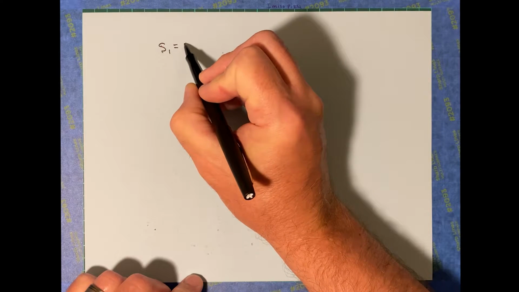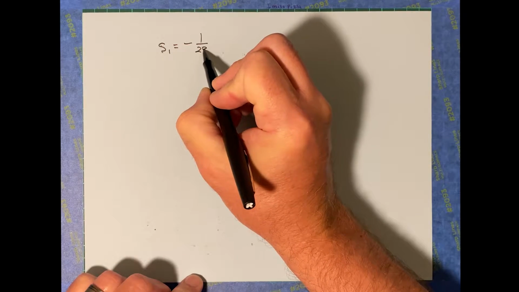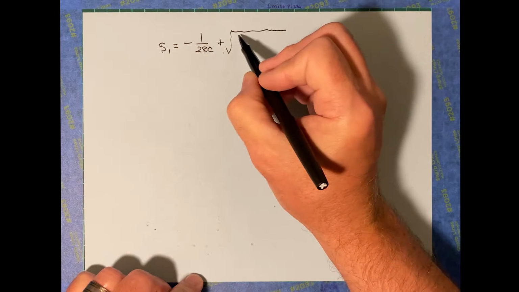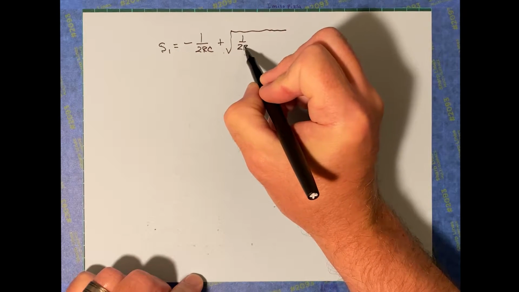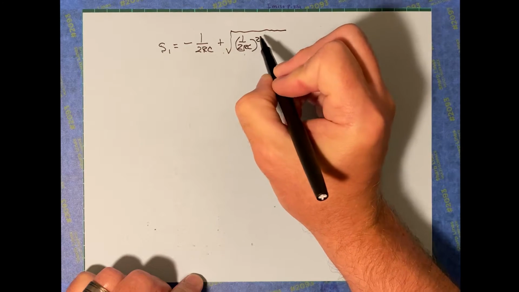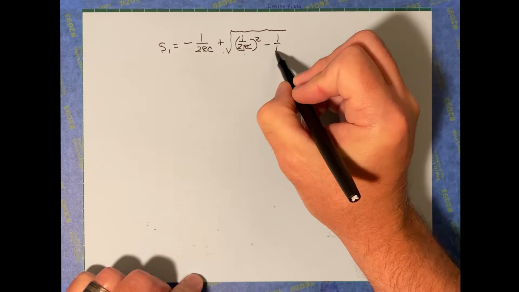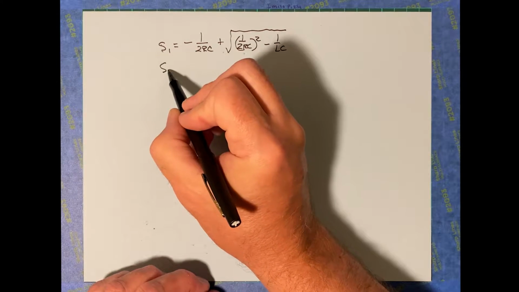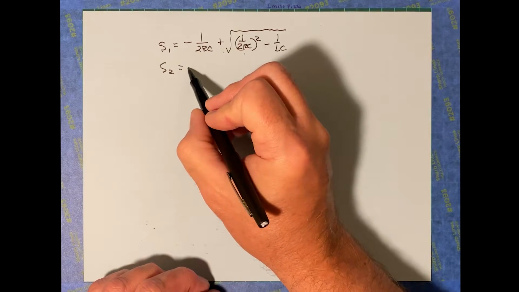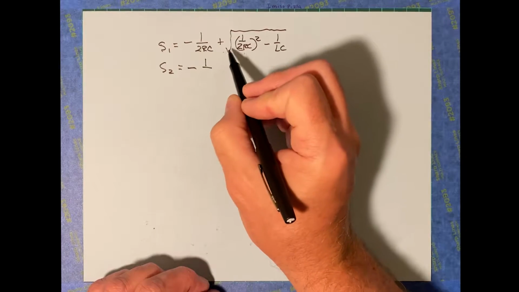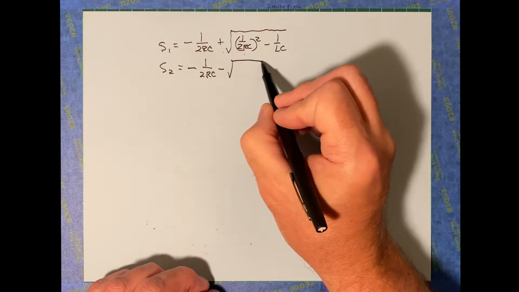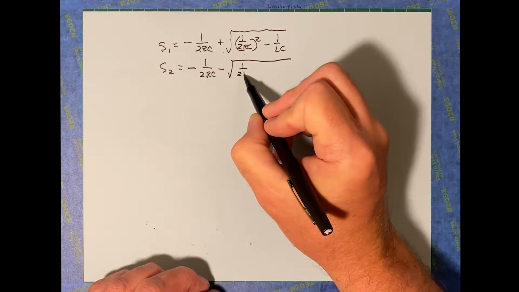S1 is going to be minus 1 over 2RC plus the square root of (1 over 2RC) squared minus 1 over LC. That's S1. And then S2, the only difference between these two is going to be the sign right before the radical: minus the square root of that same stuff.